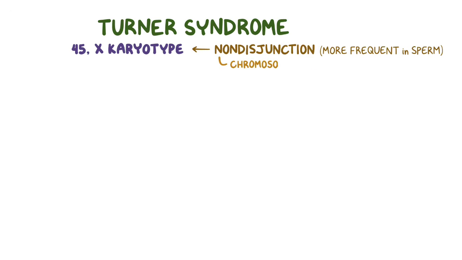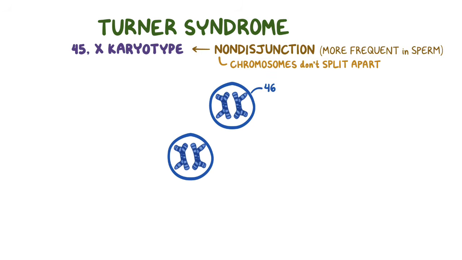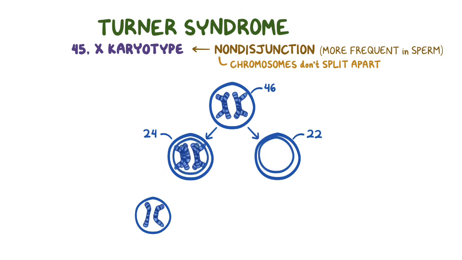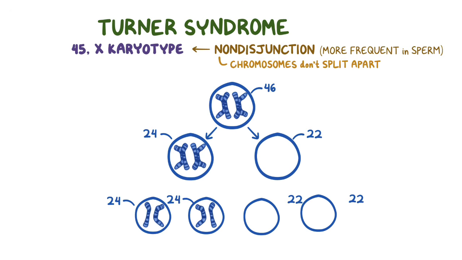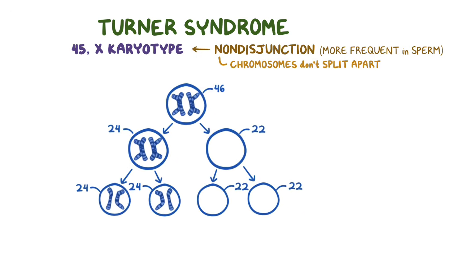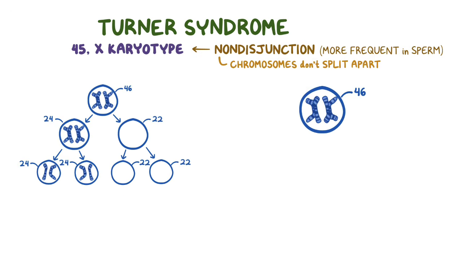Non-disjunction means the chromosomes don't split apart, so following meiosis, one resulting cell ends up with both chromosomes and the other gets none. Multiply by 2, and the final result is 2 cells with an extra chromosome and 2 cells missing a chromosome. Non-disjunction can also happen in the second step, though.